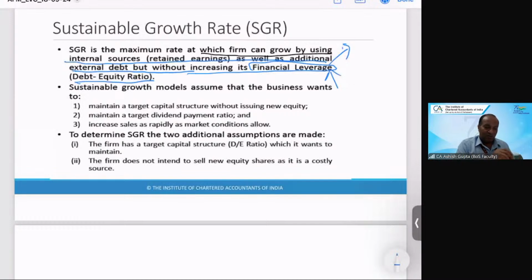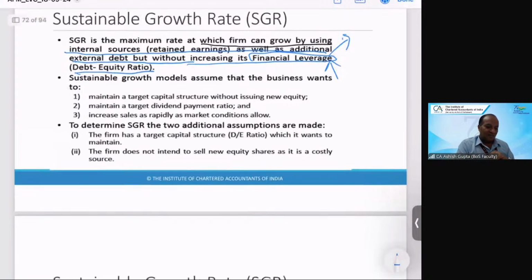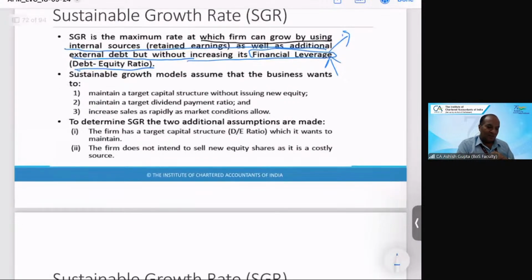That is very important. Financial leverage should not increase. Debt equity ratio should not be changed. The sustainable growth model assumes that the business wants to maintain a target capital structure without issuing new equity, maintain a target payout ratio, and increase sales as rapidly as market conditions allow.